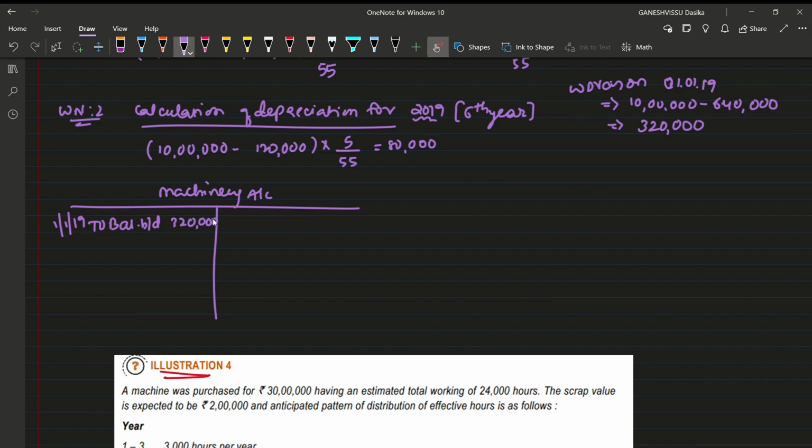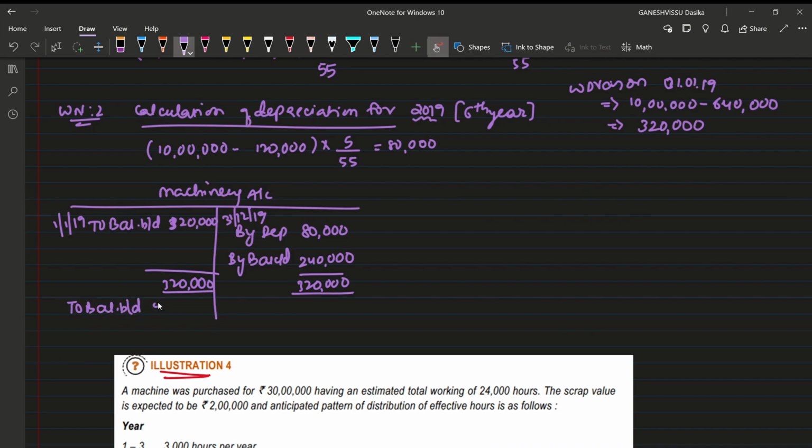And for 31st December 2019, by depreciation 80,000 we are going to charge. 3,20,000 minus 80,000 means 2 lakh 40,000 is the remaining balance. So by balance carried down, total 3 lakhs 20,000, and balance brought down 2 lakhs 40,000.